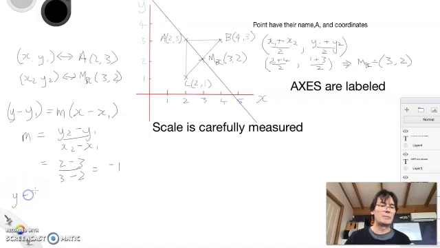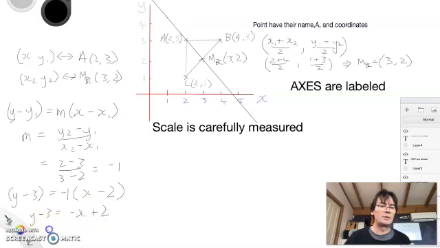Now I can go back to my y minus y1 equals m times x minus x1, and I get y minus 3 equals minus x plus 2.